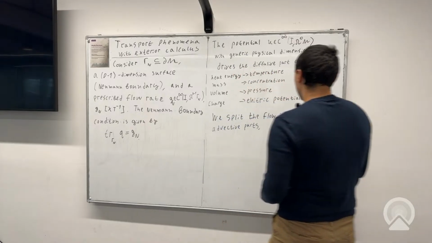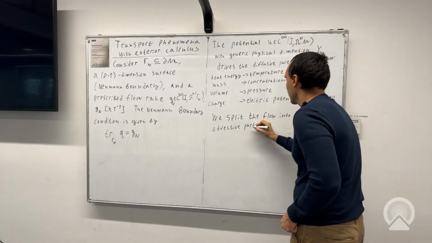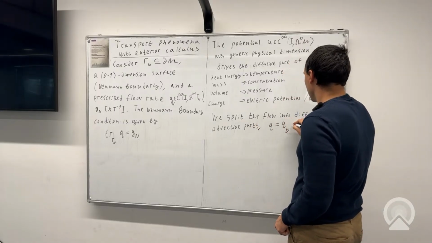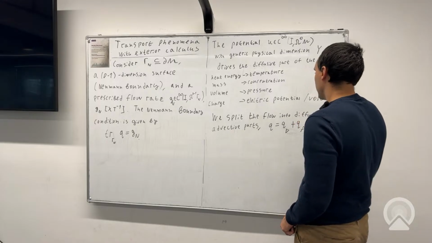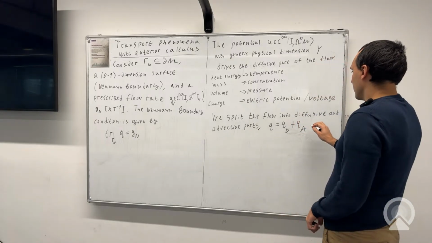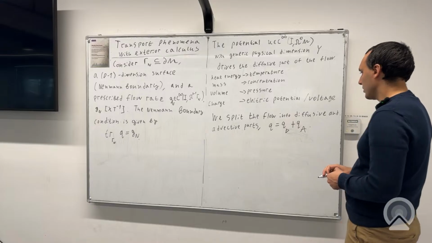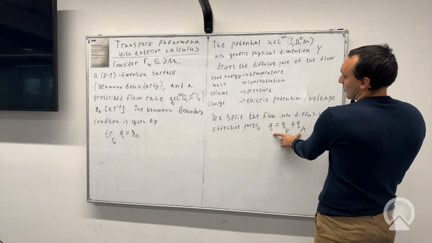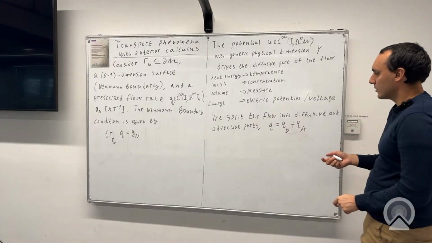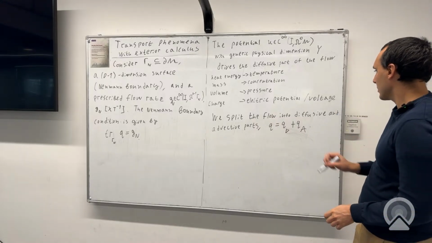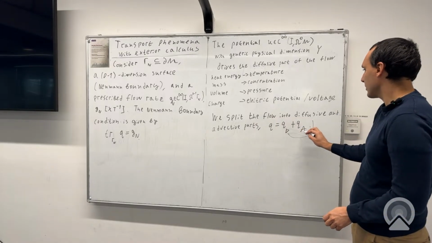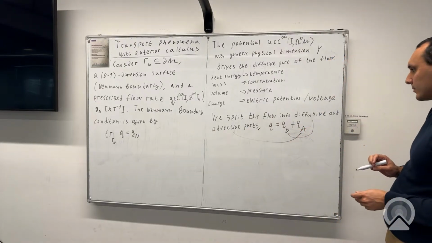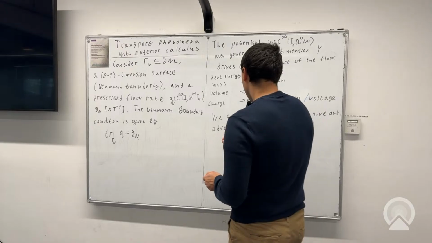And so we have Q will be Q diffusive plus Q advective. So this is what we do. This is the quantitative way of saying that. So this diffusive and this advective.